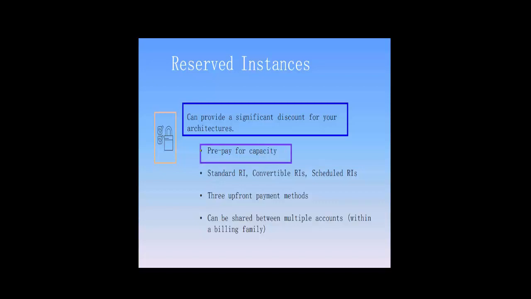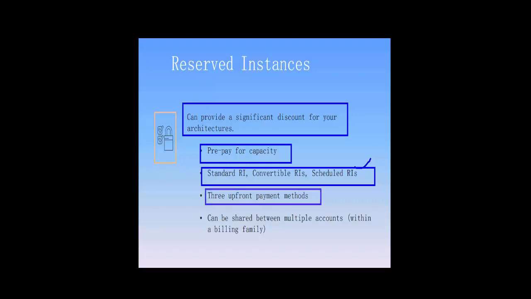Prepay for capacity: whatever capacity you are going to use, you have to pay for that in advance. Prepay, not post pay. On-demand was post paid. Reserved instance is prepaid. You can convert between different instance types, and standard one. That I will show you.